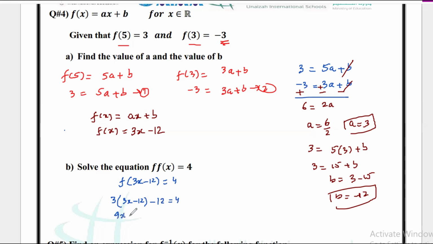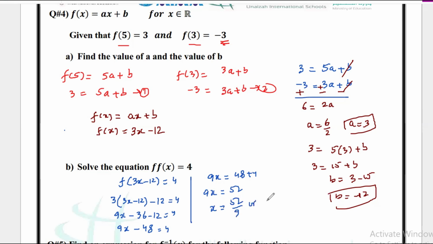So this is 9x minus 36 minus 12 is equal to 4. So 9x minus 48 is equal to 4. This gives me 9x is equal to 48 plus 4, or we can say 9x is equal to 52. And lastly, x is equal to 52 over 9, or we can write it as a mixed number, which is 5 and 7 over 9.